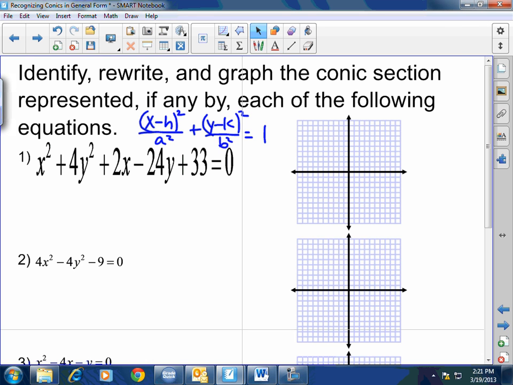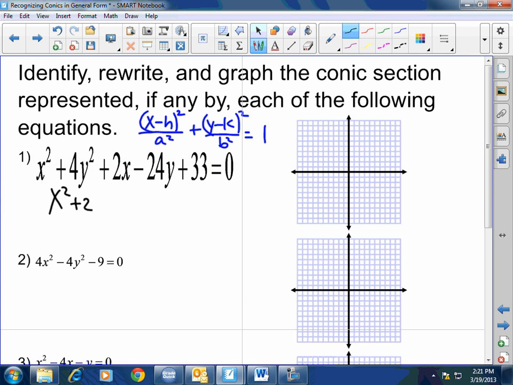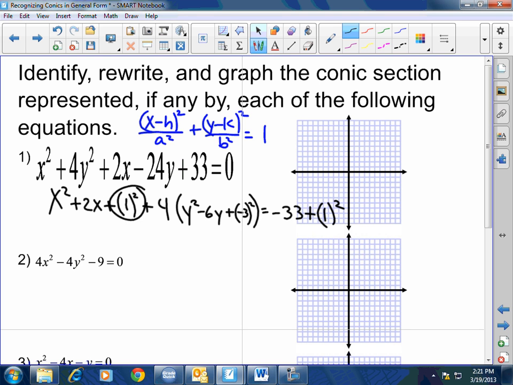All right, so now I'm going to go ahead and complete the square. So how about we do it the right way? X squared plus 2x. I'm going to complete it already, plus 1 squared. And then I'm going to factor out, I'm trying to save time, a 4 from the y's, giving me y squared minus 6y plus negative 3 squared equals negative 33, plus the 1 squared, plus 4, which I factored out, times negative 3 squared, which is 9.